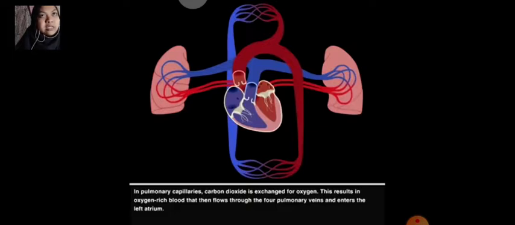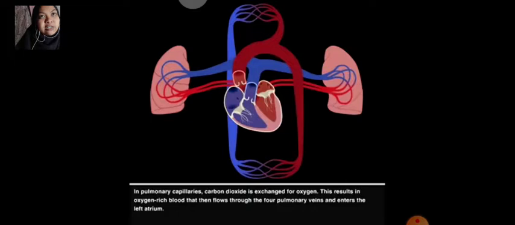In the lungs, blood flows into the pulmonary capillaries where exchange of substances and fluids takes place, producing oxygenated blood, and oxygen is taken from the breathing air.